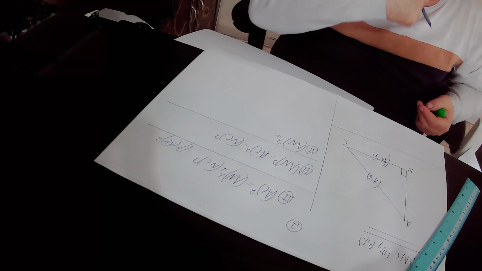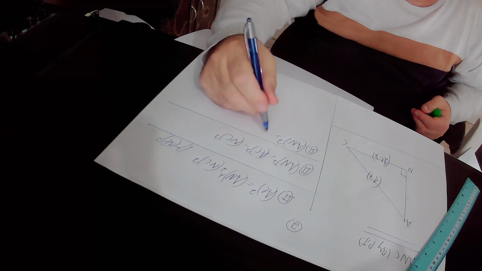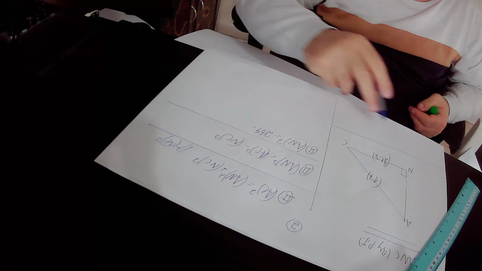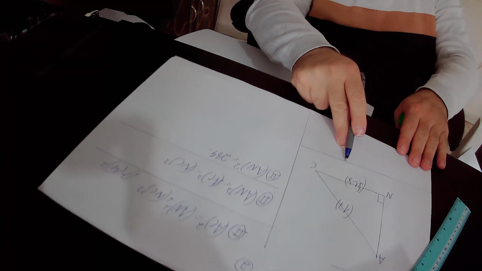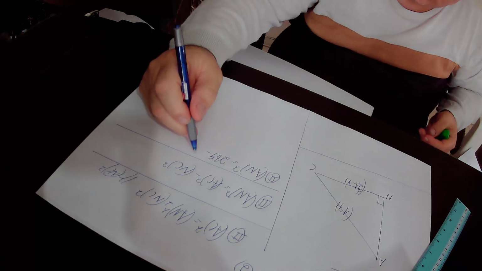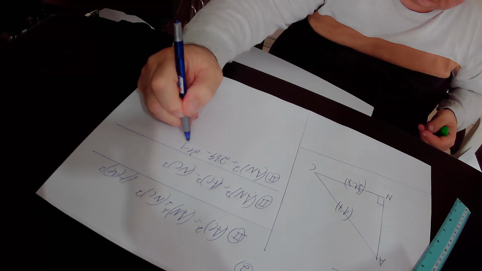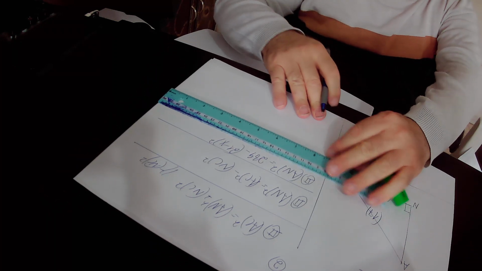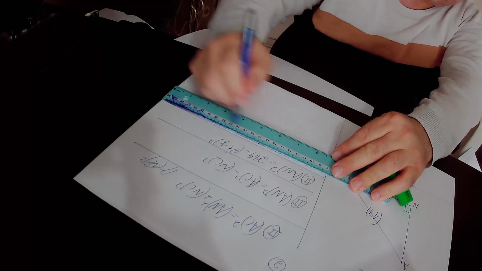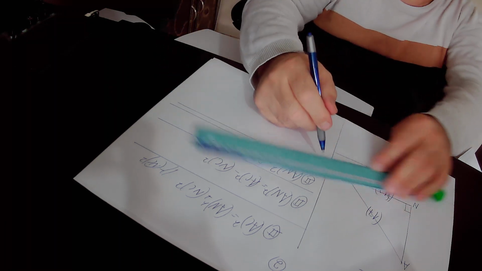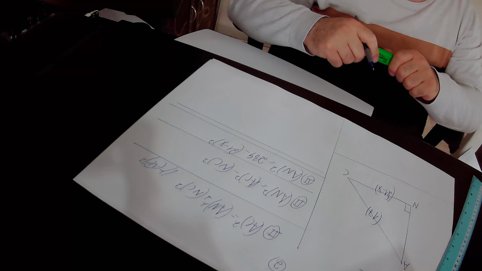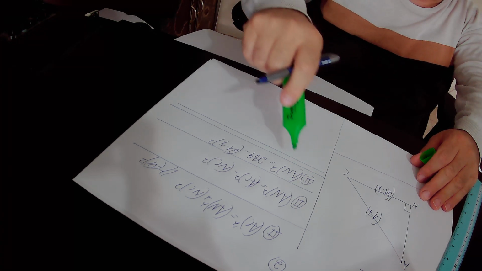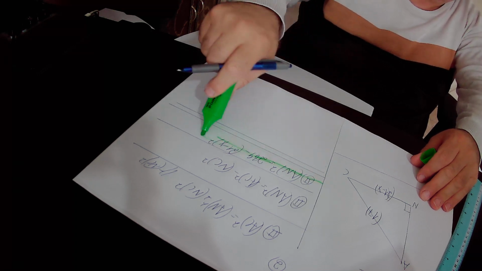AC is 17, therefore AC square is 17 square, that is 289, minus NC square. NC is 21 minus x, therefore NC square is (21 minus x) square. So according to equation 2, AN square equals 289 minus (21 minus x) squared.